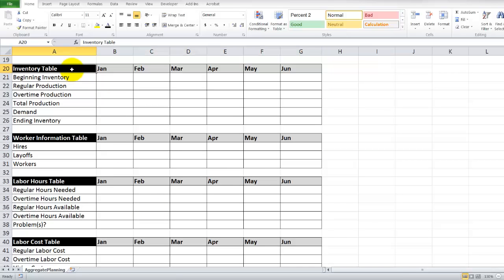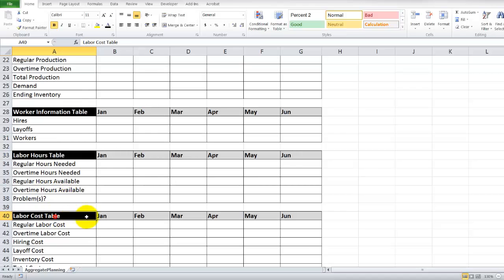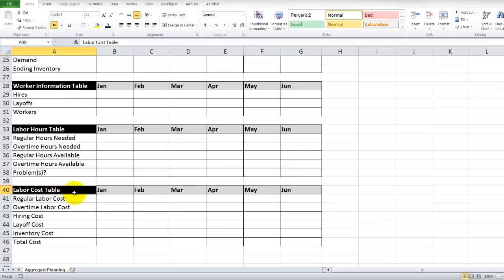For example, the inventory levels, the worker information as far as the number of hires and fires or layoffs, the total number of workers in a given month, the labor hours for those employees, the labor cost, and the total cost and things like that.